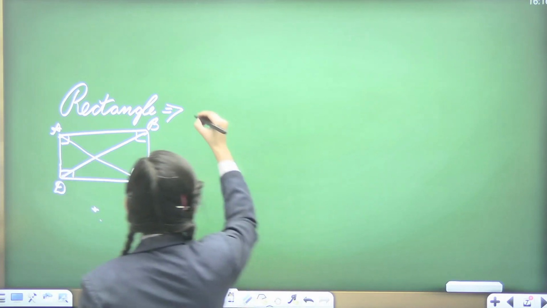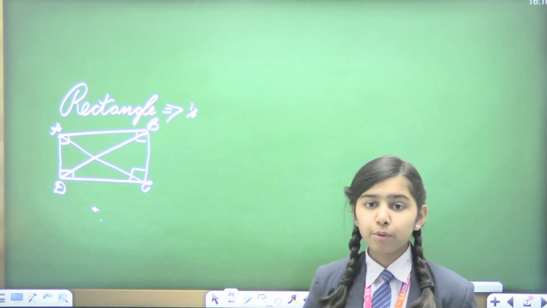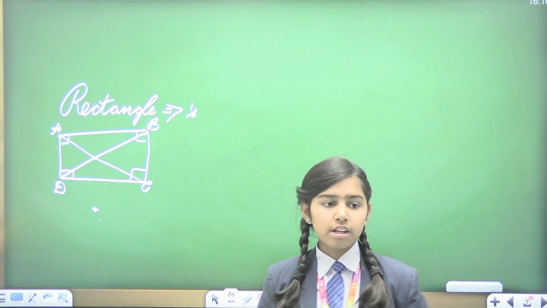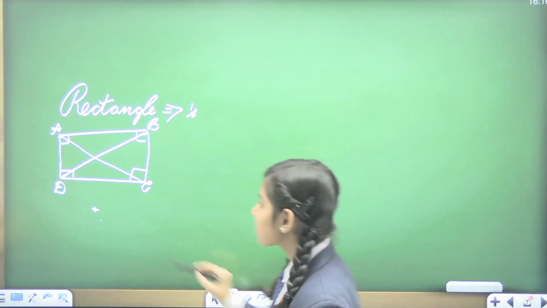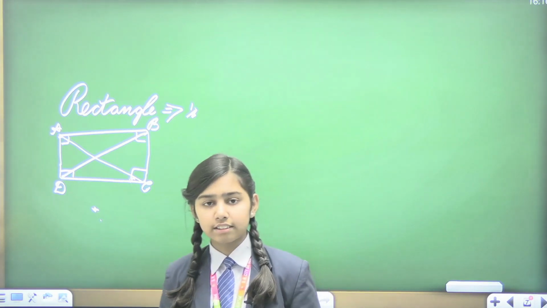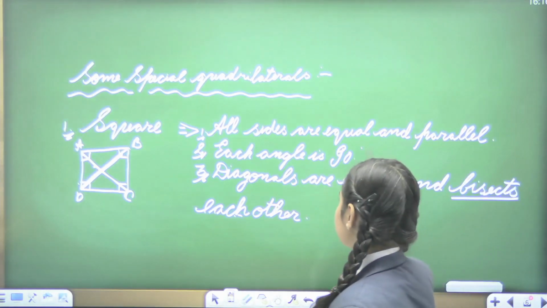Some of the properties of a rectangle match with a square. It has an angle of 90 degrees, like each angle of this rectangle is 90 degrees, just like a square.